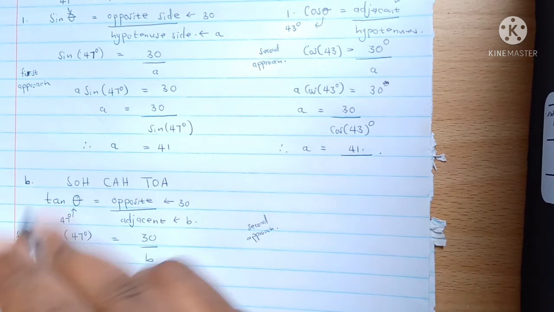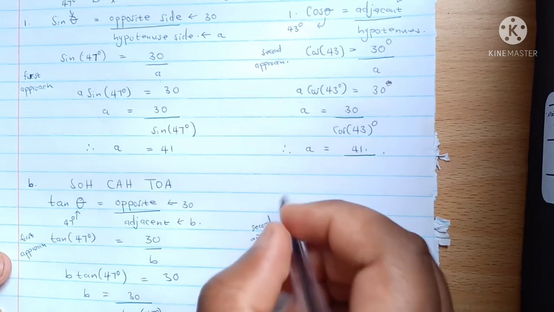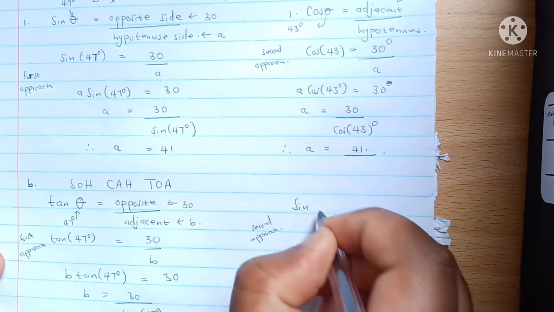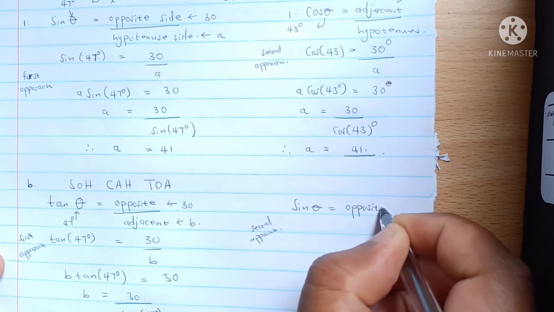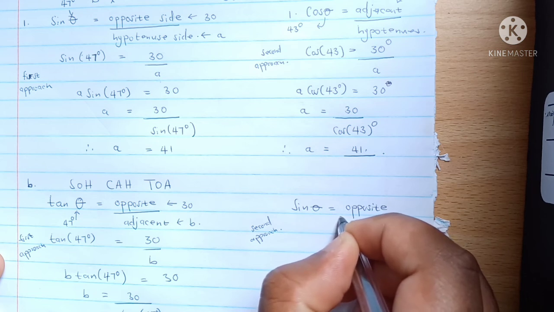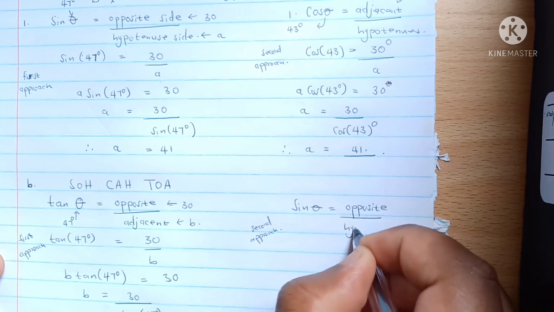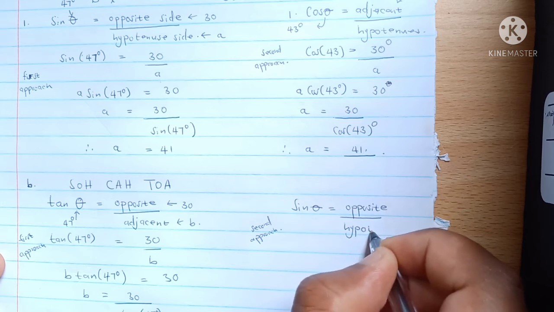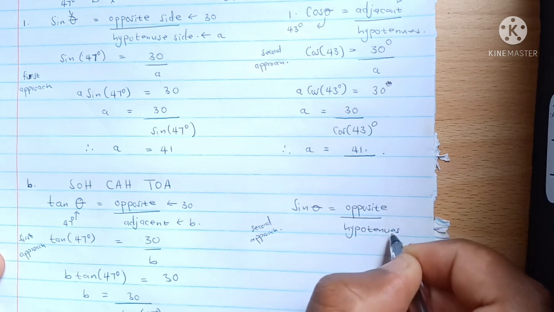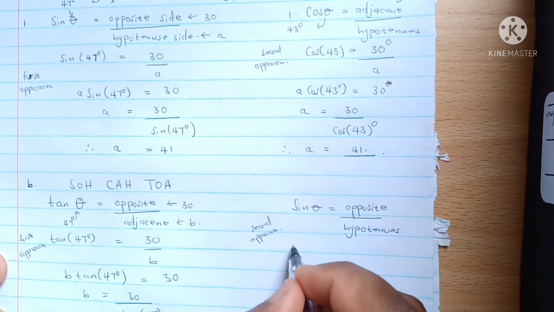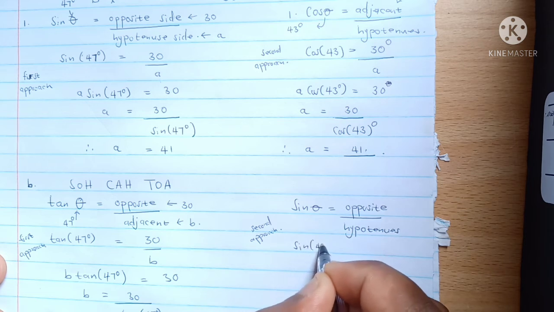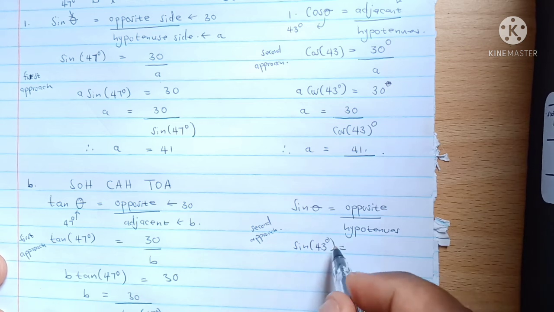So for me, since we already used tan here, let's use sine, right? So we're gonna have sine theta equals to opposite over hypotenuse. Remember, guys, we are still doing the same question. We need B. Since we already have that angle there, it's going to be sine 43 degrees equals to opposite.